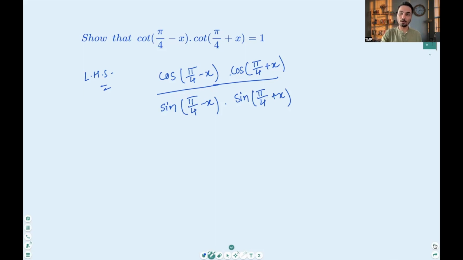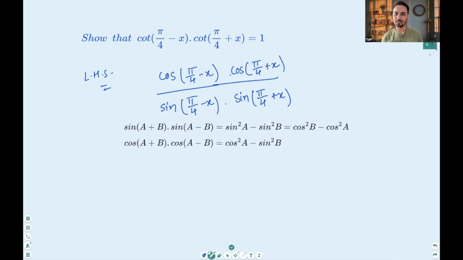And we have already discussed two identities for those, right? Sine(a plus b) times sine(a minus b) can be written as sine square a minus sine square b, or cos square b minus cos square a. And cos(a plus b) times cos(a minus b) can be written as cos square a minus sine square b.